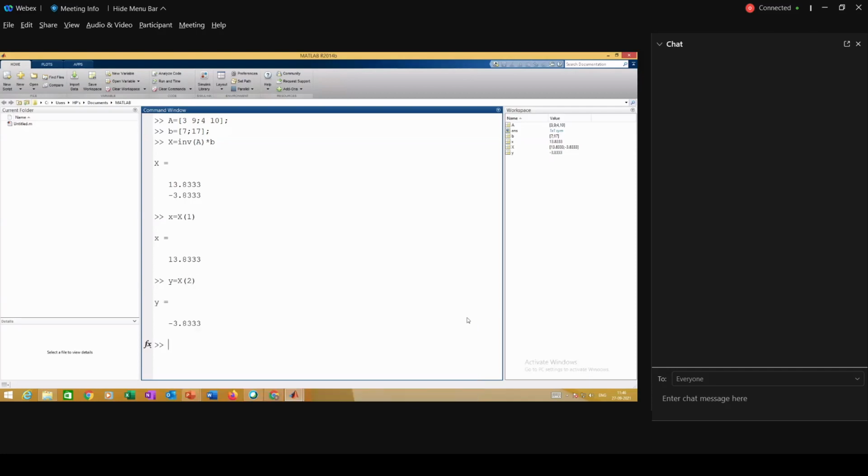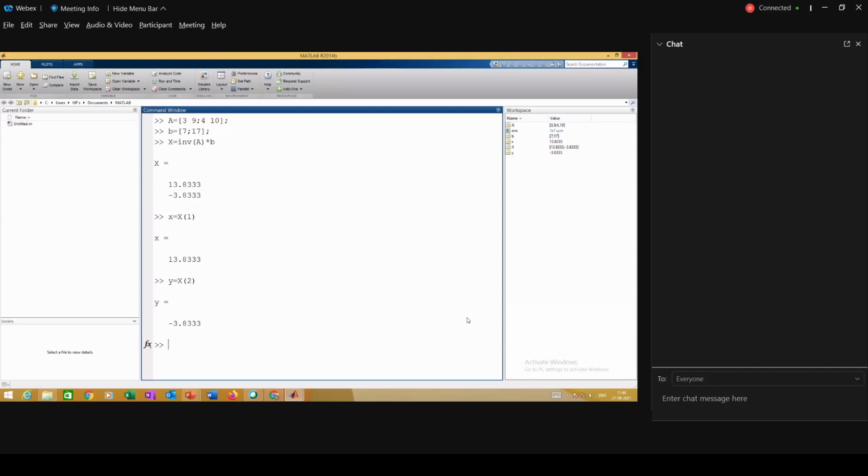Correct? So even if there are three variables and three equations, I can write them in the same format. Four equations, four variables, n equations, n variables, I can write in the same format and take the inverse of a matrix and find the values of the variables.